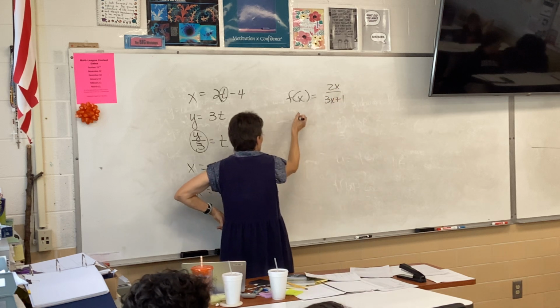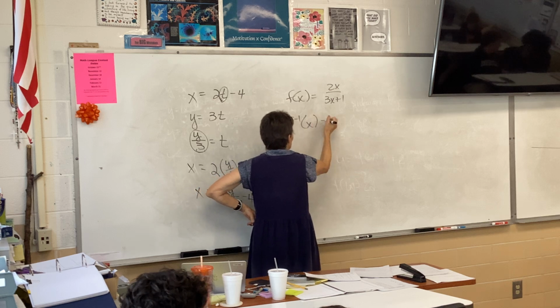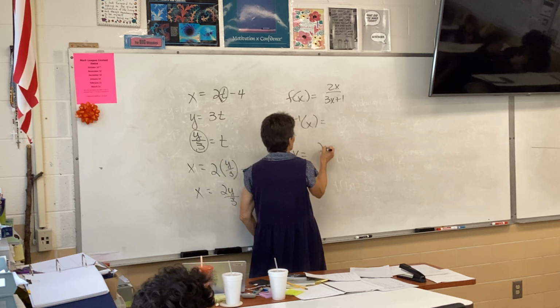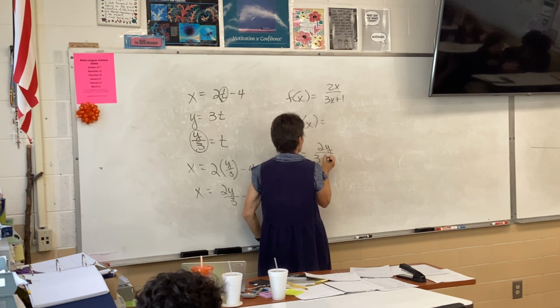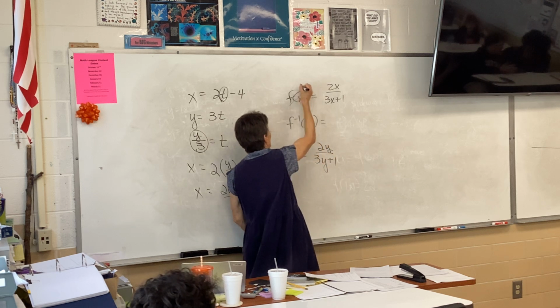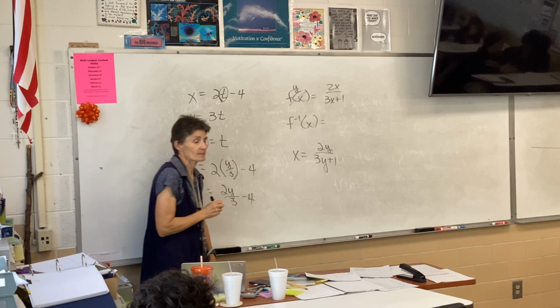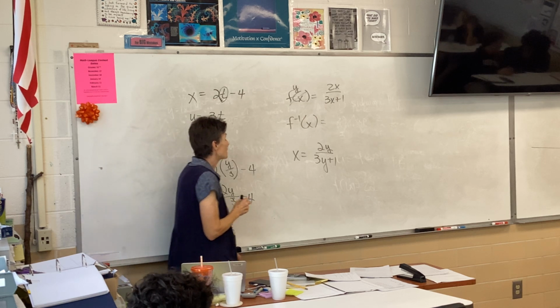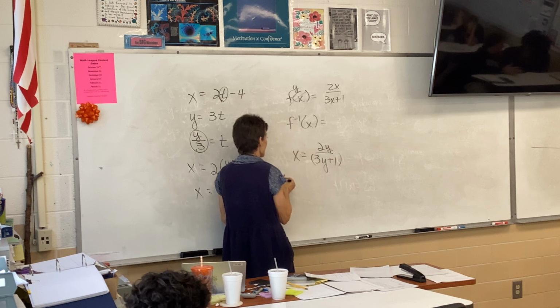Alright, let's find the inverse of f of x equals 2x over 3x plus 1. We start by switching our variables, remembering that f of x is y. Multiply on the other side. Bring this over to the other side.